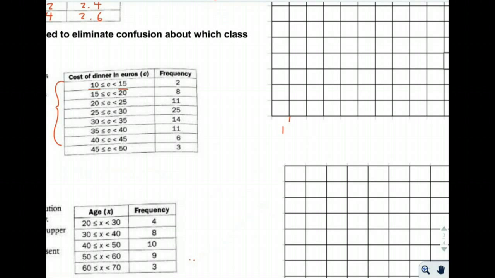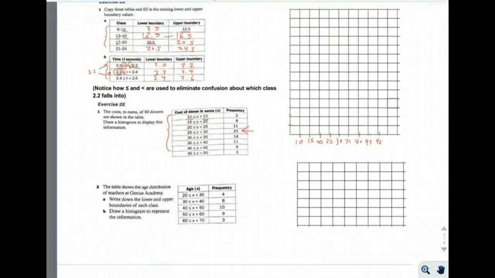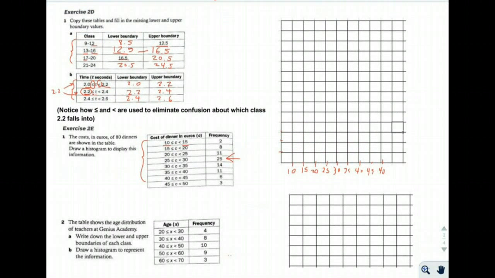So for example, if this is 10, this is 15, this is 20, this is 25, 30, 35, 40, 45, and 50. And then the y-axis is going to be marked with the frequencies. And since the highest frequency here is 25, I need to make sure I have room for 25. Doesn't look like 25 spaces to me, so I'm going to have to count by 2. So I'm going to put 0, 2, 4, 6, 8, until I get to 26 so I can fit everything in.